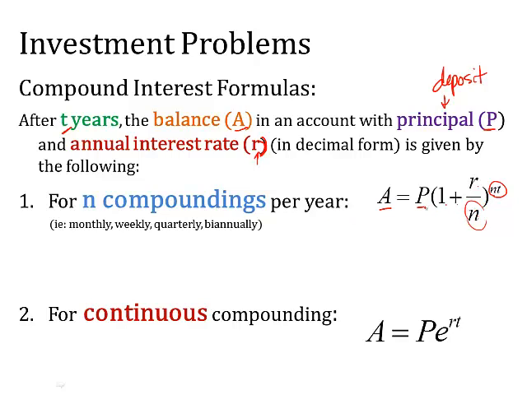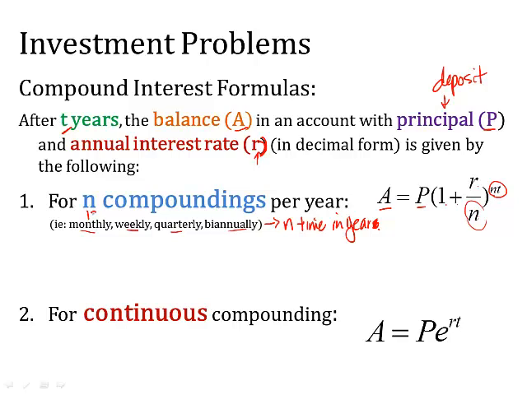Now, what you need to know for n, it's going to be given to you in a word like monthly, weekly, quarterly, biannually. So n is per year. N is talking about time in a year. How many times in 1 year? If it's monthly, how many times would it compound interest?